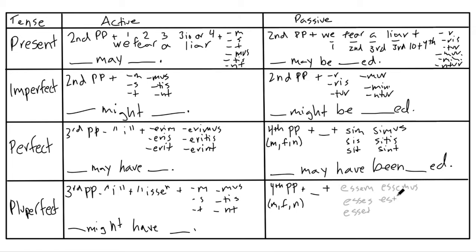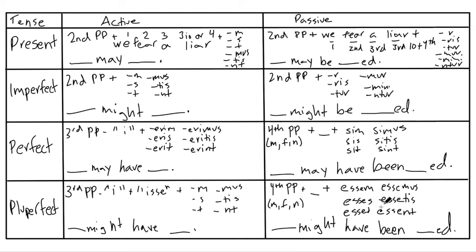And you'll notice that this is again formed with the second principal part and then adding on those personal endings. So it doesn't really change for the verb of being. So you can remember this by using the imperfect active subjunctive mood translation form. And the translation of the pluperfect passive subjunctive mood verb generally is blank might have been blanked or verbed in this sense.